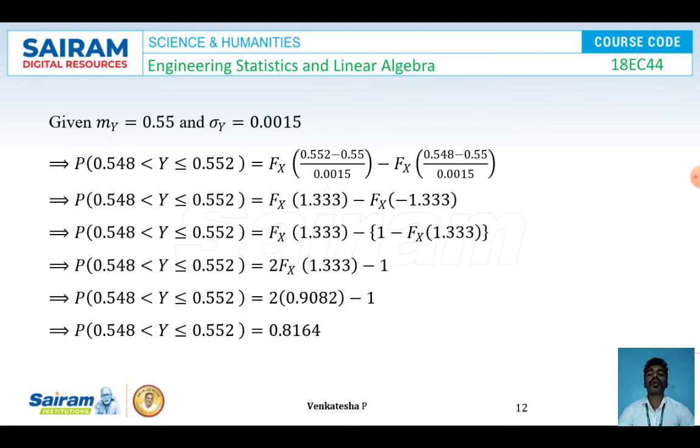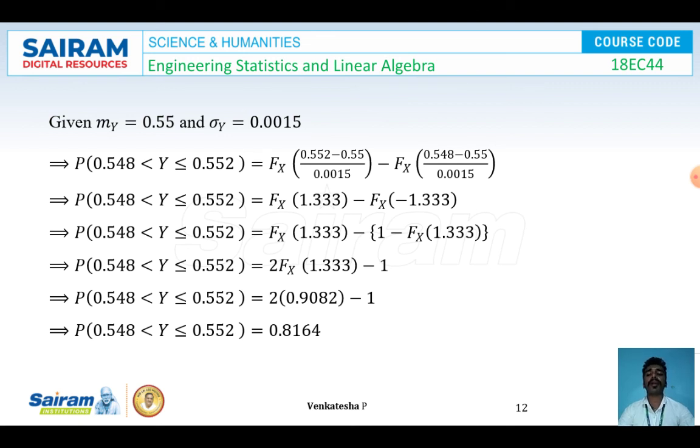So it implies P of 0.548 less than y less than or equal to 0.552 is equal to F_X(1.333) minus F_X(minus 1.333). We know that the CDF expression F_X(minus 1.333) must have a positive argument, so I'm going to convert it as 1 minus F_X(1.333).